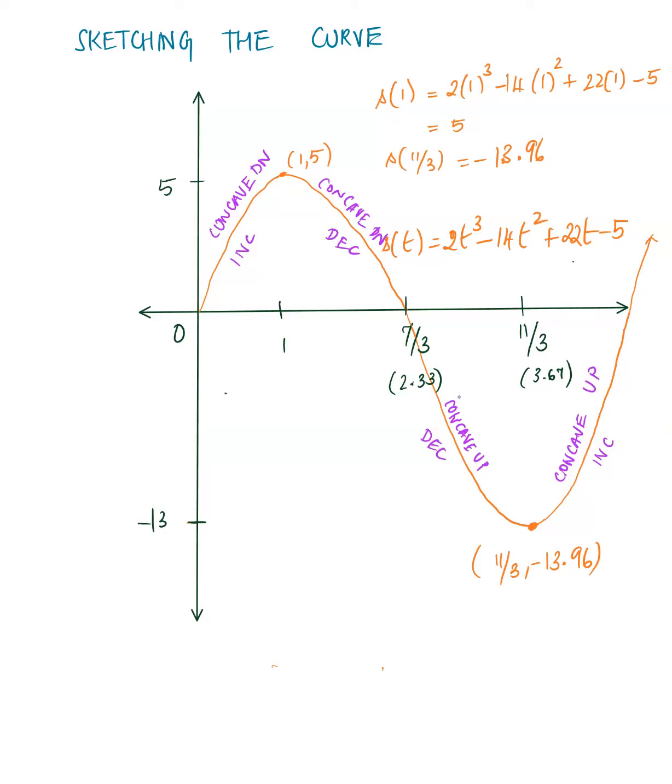Well, I made one error though. I made this graph pass through 7 over 3. It wouldn't pass through 7 over 3. It's going to pass through somewhere else, right? Because it went decreasing all the way to 11 over 3. So just to fix that, I'm going to mark this somewhere here, 7 over 3.